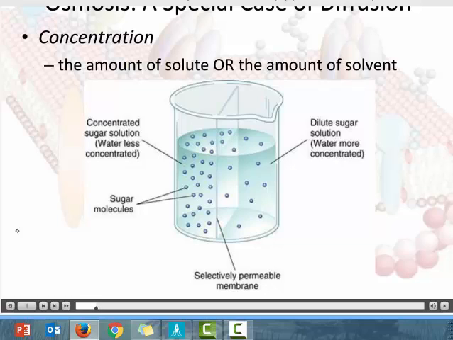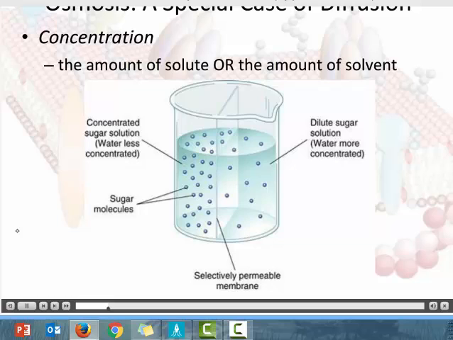If you have a low concentration of water in a solution, that means you have a high concentration of solutes. The opposite is also true. If you have a high concentration of water, you have a low concentration of solutes. So you need to think about which one makes most sense to you when you see a picture of a solution. And that's the one that you want to stick with while you think about osmosis.